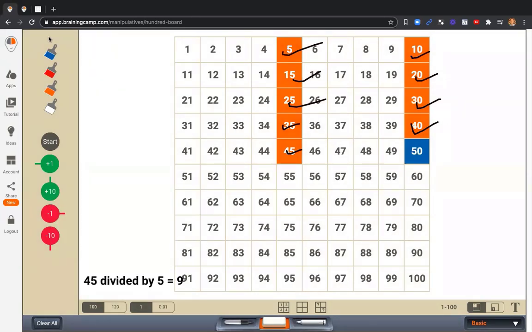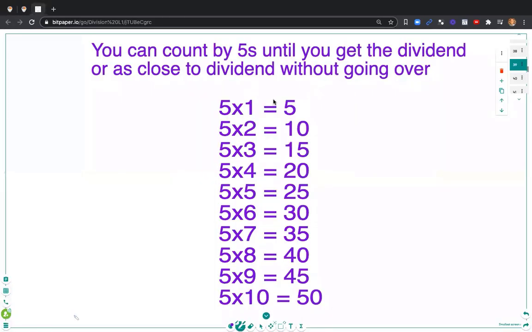Now we can also divide using our 5 facts with numbers only. What I have here are my 5 multiplication facts all the way up to 50.